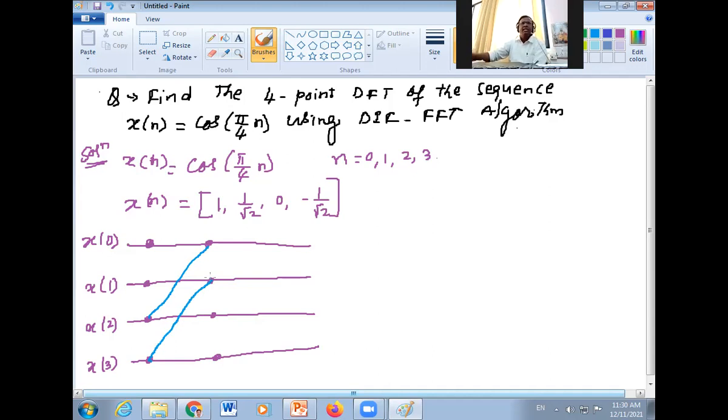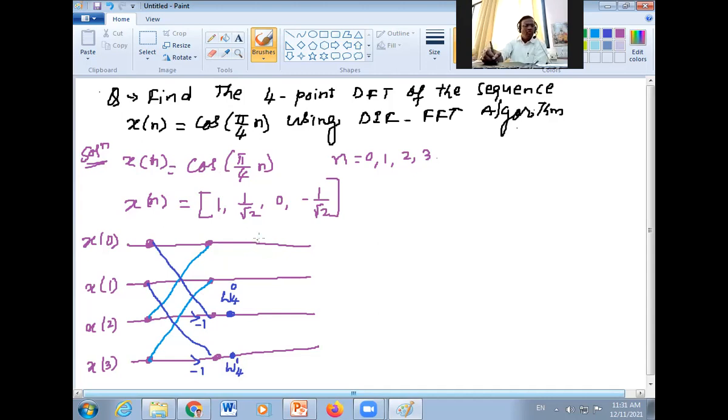Here we always have a multiplier of -1, and at this point we have W4 to the power 0 and W4 to the power 1 as multipliers.